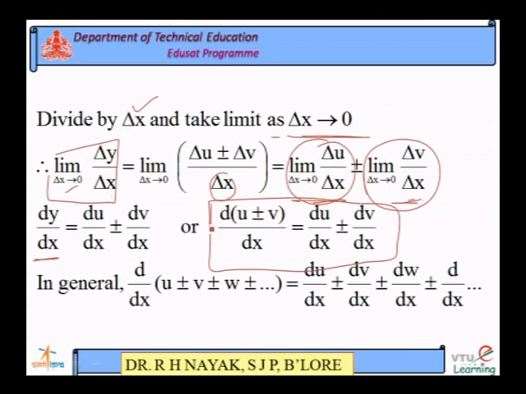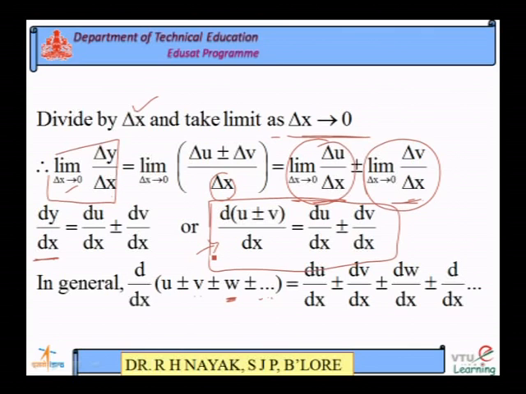See, we have taken, instead of u plus or minus v, I have taken u plus or minus v plus or minus w plus or minus anything. You extend the above concept, that is differentiation of u plus or minus v is equal to differentiation of u plus or minus differentiation of v. The same concept is extended.